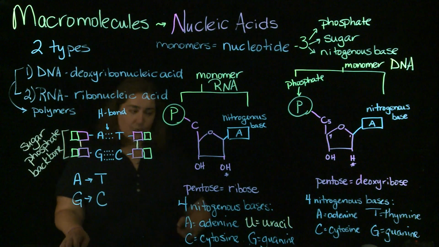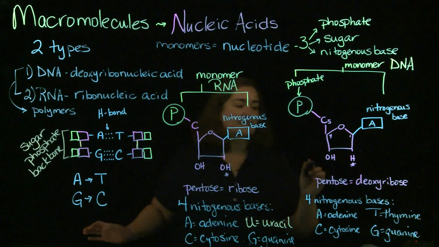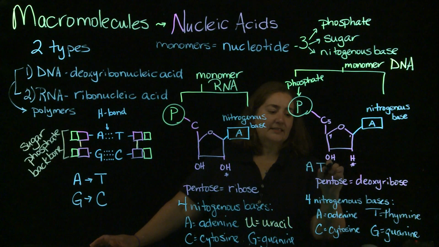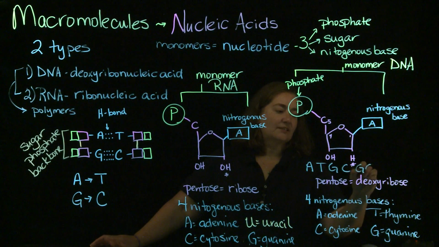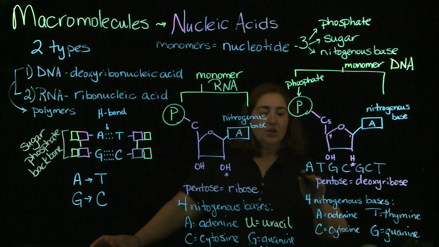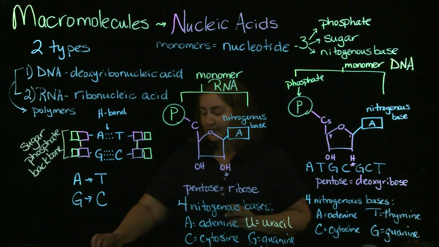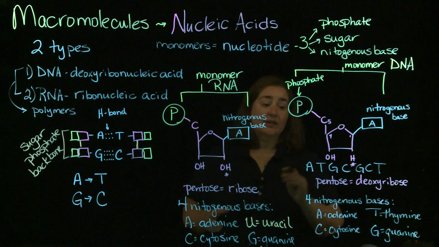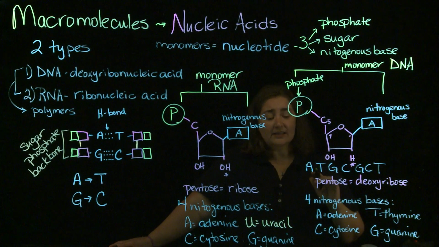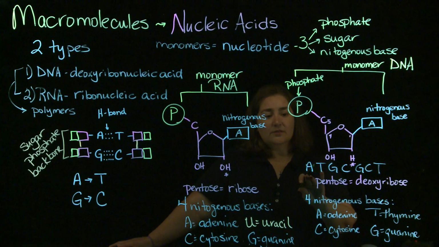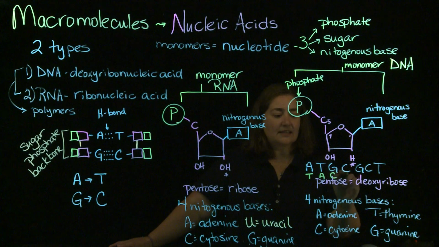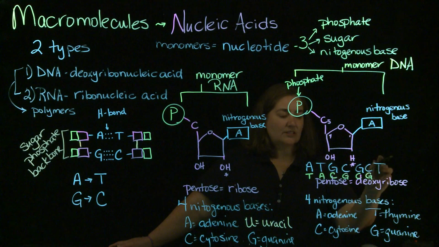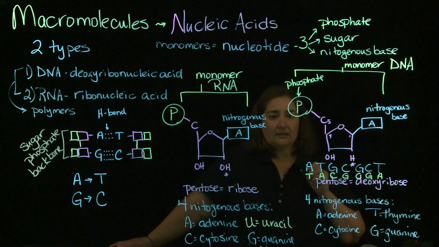So if I give you a linear sequence of DNA that goes A, T, G, C, G, C, T, you can tell me what the complementary or the other side of the DNA helix is based on this sequence. A always pairs with T, A always pairs with T, G and C, G and C, G and C, A.